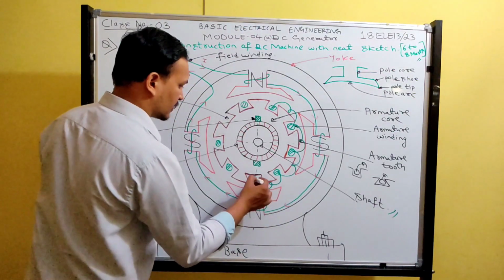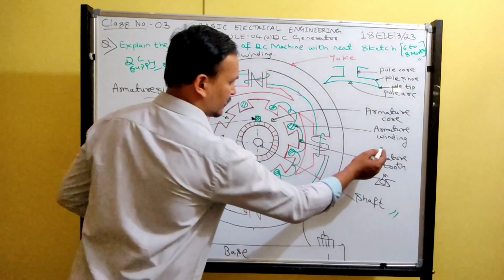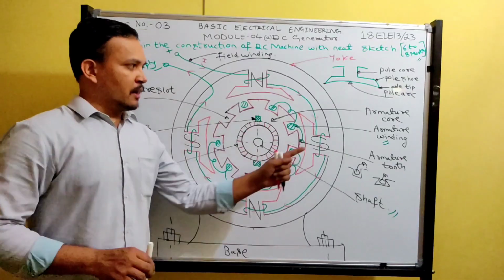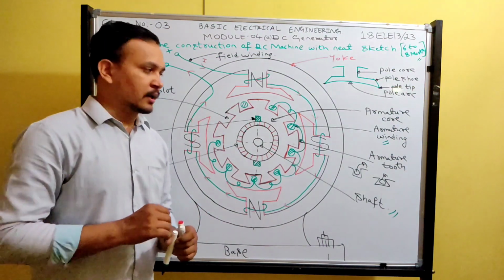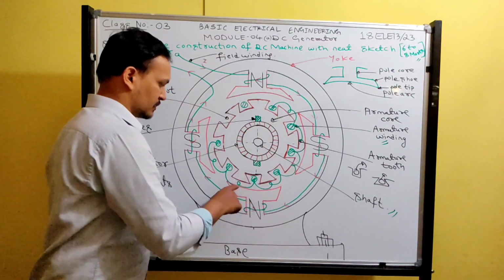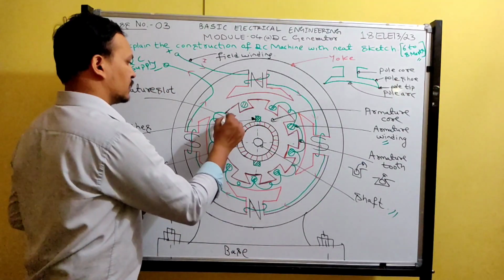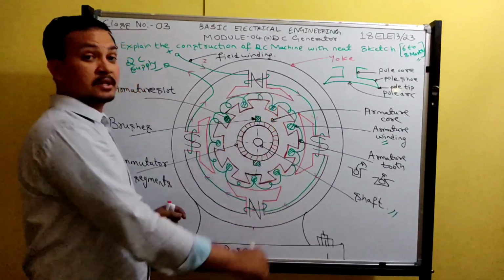See, armature conductors are connected in series. Sorry, I didn't say the definition of armature winding. Armature winding is nothing but an array of conductors connected in series so that the desired magnitude of EMF is induced in it.